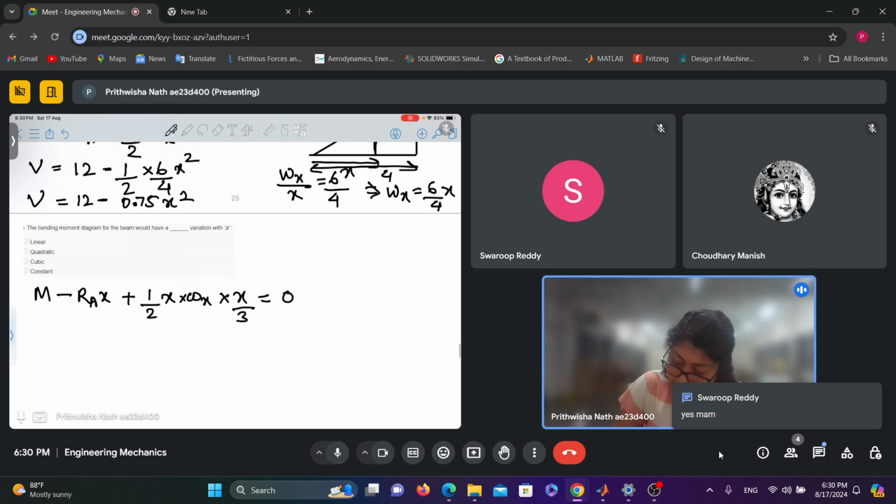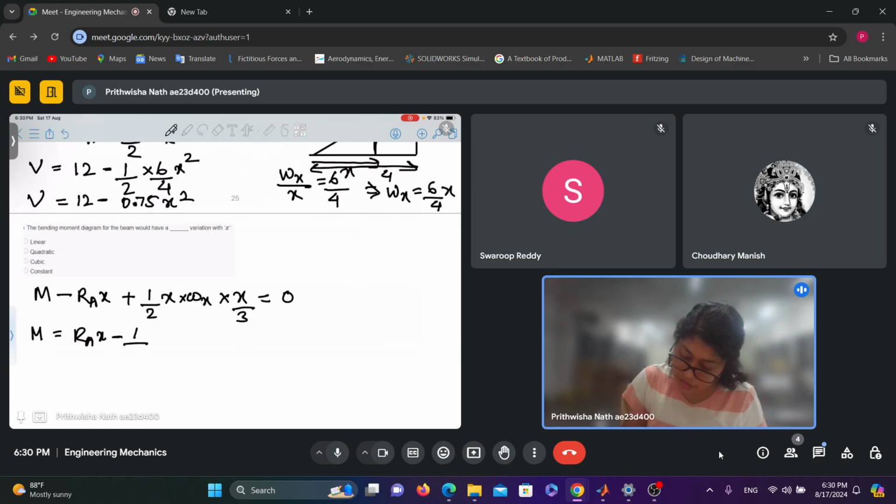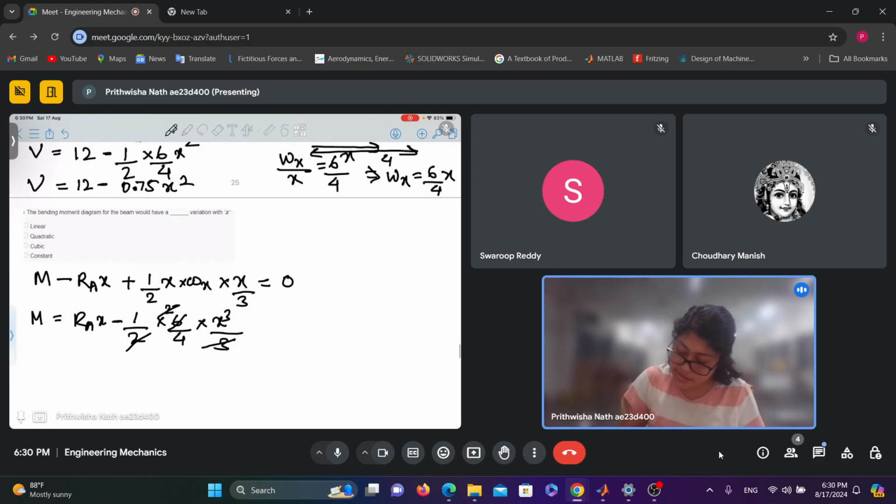Okay. So M equals to RAX minus half into 6 by 4 x cube by 3, that is M equals to 12x minus x cube by 4.